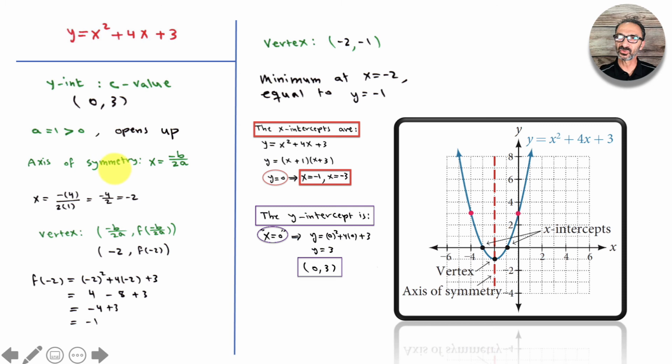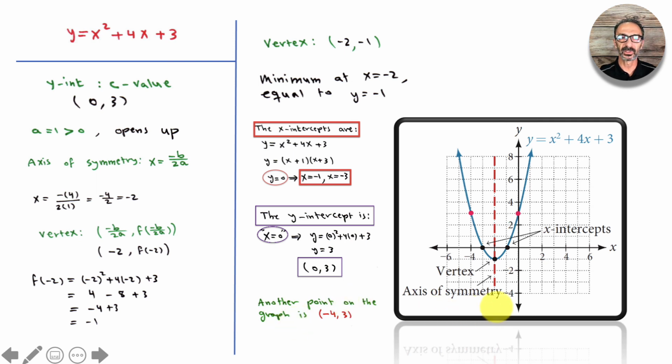It's called the axis of symmetry, which means any point on this side of the axis of symmetry will have a reflection on the other side with the same distance. So if this is at (0, 3), and the line of symmetry is at x equals negative 2, I should go all the way to negative 4, same height, which is 3. So another point on the graph would be (-4, 3).